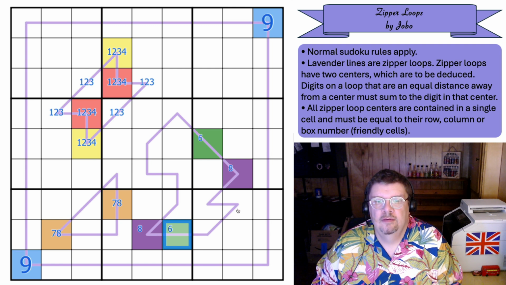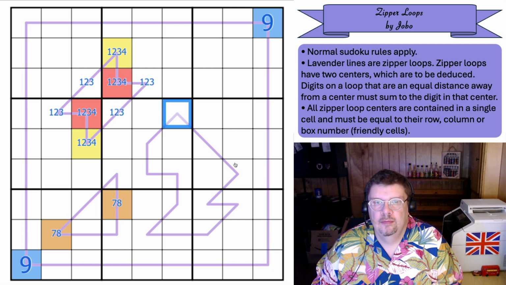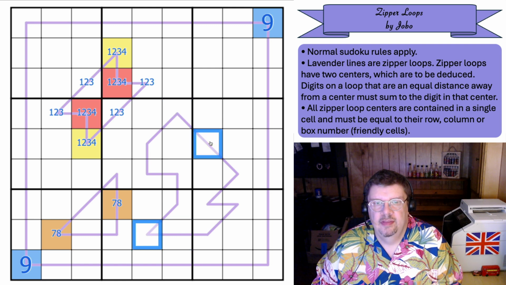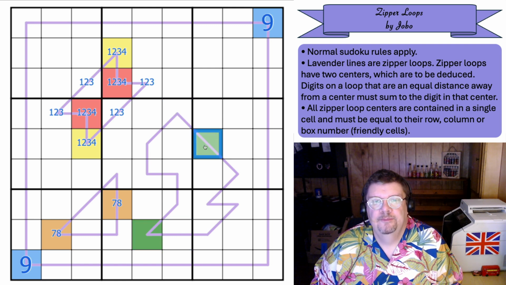No, I've got that wrong. Let's start again. So 1, 2, 3, 4, 5, 6. Okay, that's the pair I'm looking at. They cannot be because they see each other. This is the correct pair I need to look at. Let's try this again. All right.